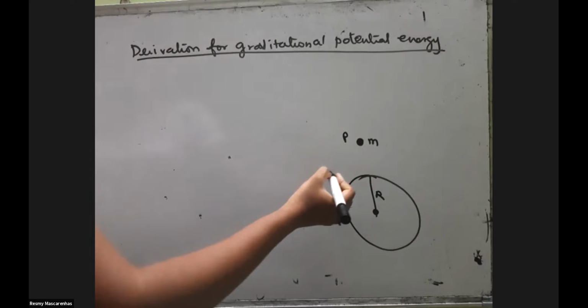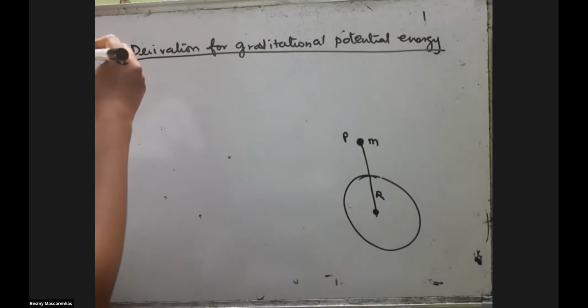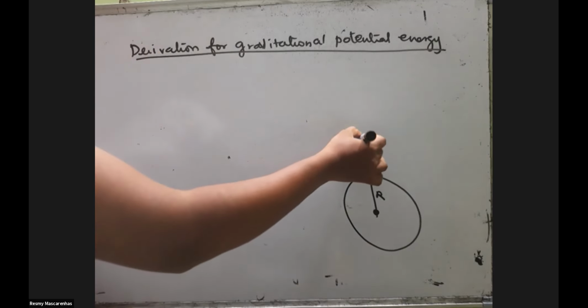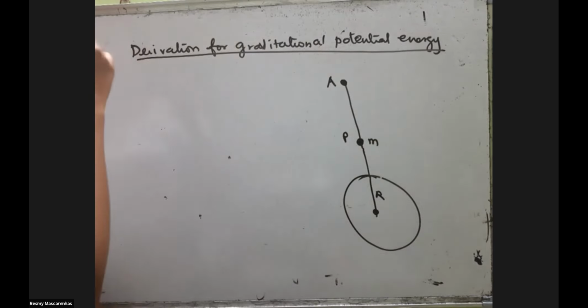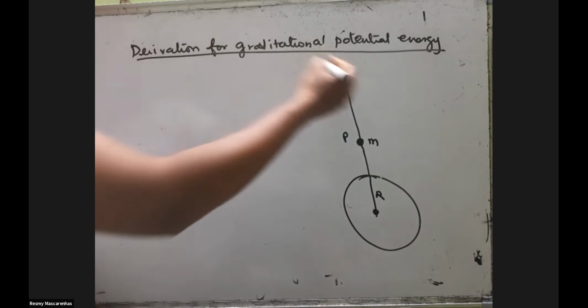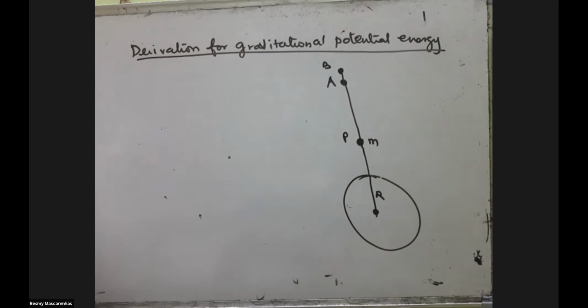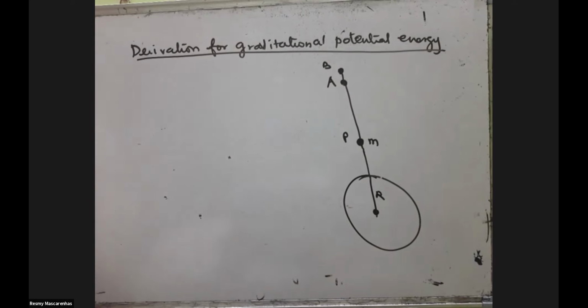Let that point be P. Now I'll put some effort and try to take it till point A. And then a small distance, I'll take it to point B. This is almost at infinity, okay? And then a little bit further.